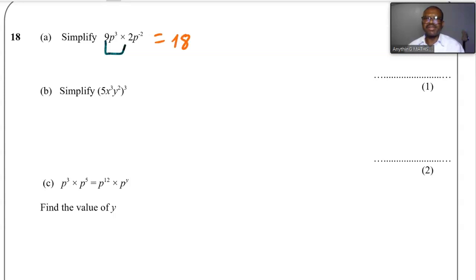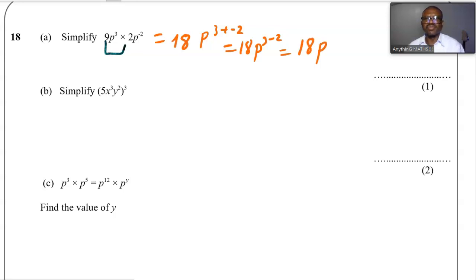And then p raised to the power 3 times p raised to the power minus 2. Let me write it carefully for you to know what is happening. It's going to be 3 plus minus 2, which is the same as 18p raised to the power 3 minus 2, which is the same as 18p.